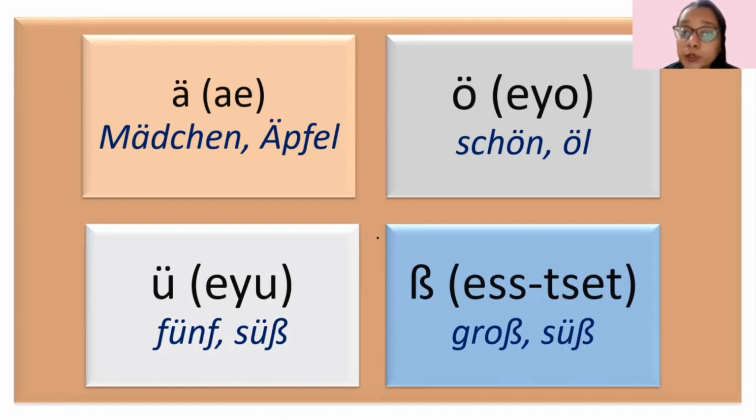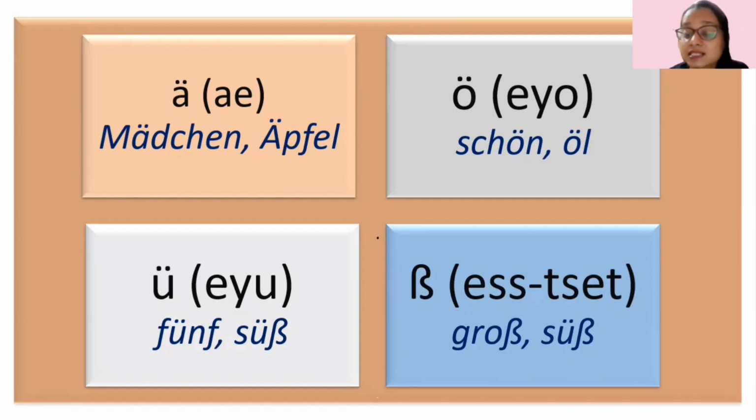Schön means beautiful. Next is Öl. Öl means oil. With U umlaut, fünf. Fünf, which is 5. Süß, which means cute as well as sweet.